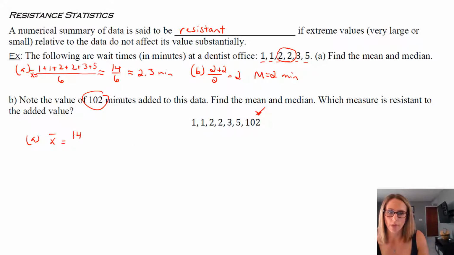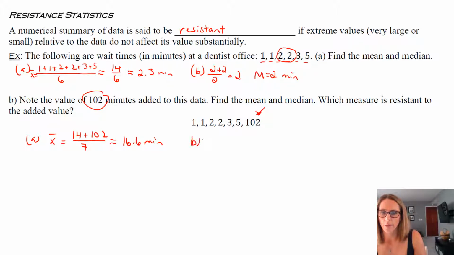I'm going to take the 14 for the other values and add the 102, but now I have 7 data values, so that gives me about 16.6 minutes. And for the median, I now have 7 data values, so it's going to be the 4th data value.